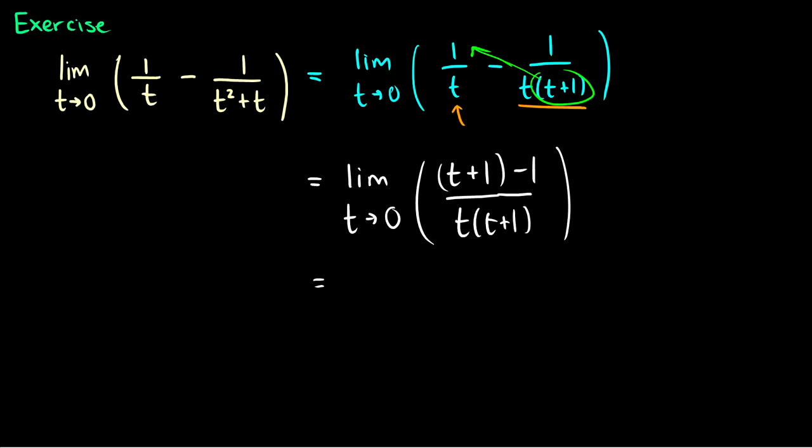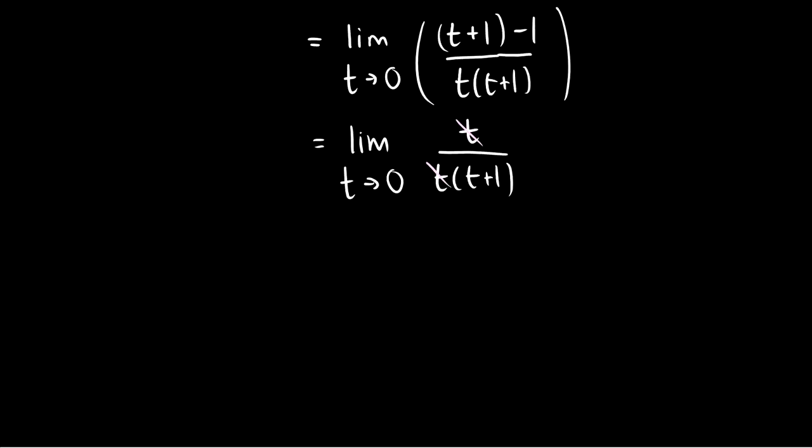Okay, and now we can simplify a little bit. So this is the limit as t goes to 0 of, well, t plus 1 minus 1 is just t, and this is all over t times t plus 1, and I see something really nice here. I see that I can cancel these t's out. So now we have the limit as t goes to 0 of 1 over t plus 1.